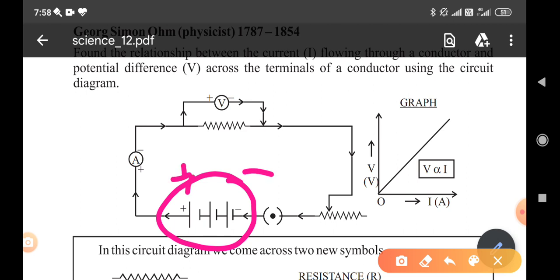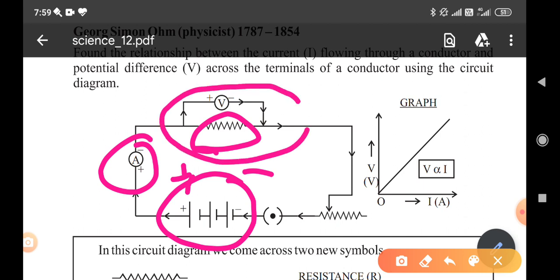Ammeter is connected in series, and a resistance is connected with a parallel connection of voltmeter. On the second end, a rheostat, a variable resistance, is added with a key.